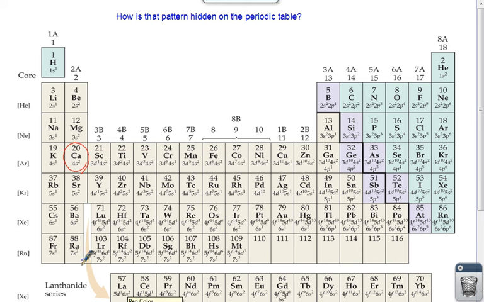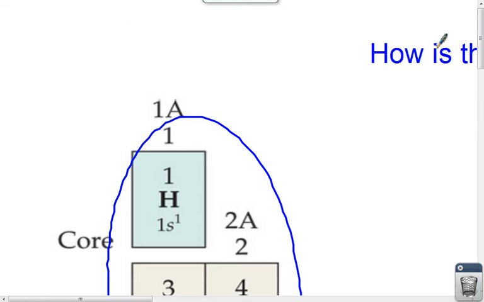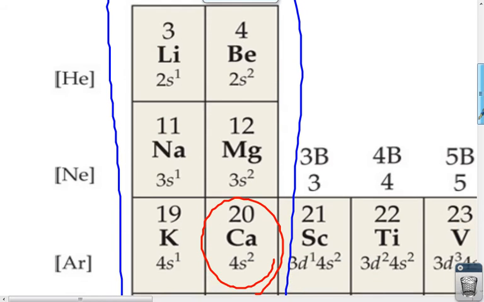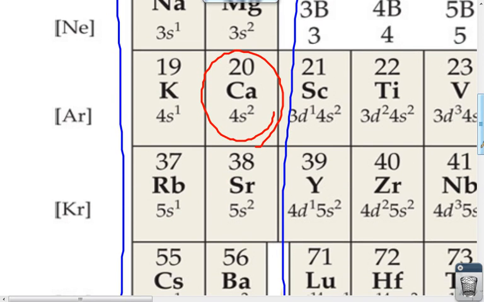Like all of the elements in this zone of the periodic table have S's as their last piece. If you look, I can zoom in. You probably can't see it unless your screen is really big. You look, S, S, S, S, S, S, S, and you can even see these are all 3s1, 4s1, 5s1, 6s1, and then the other columns, s2, s2, s2, s2.